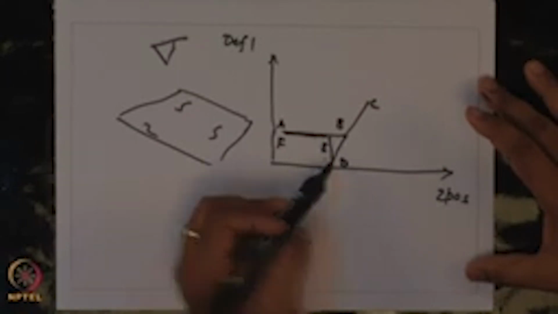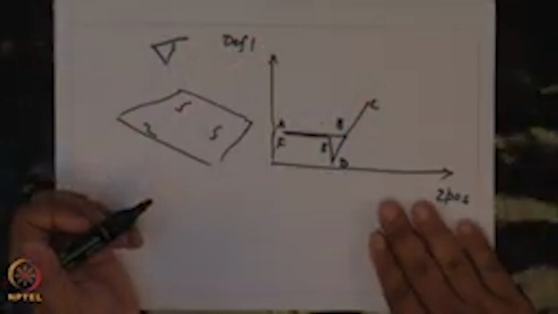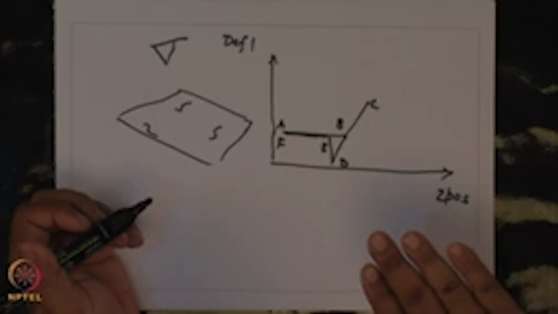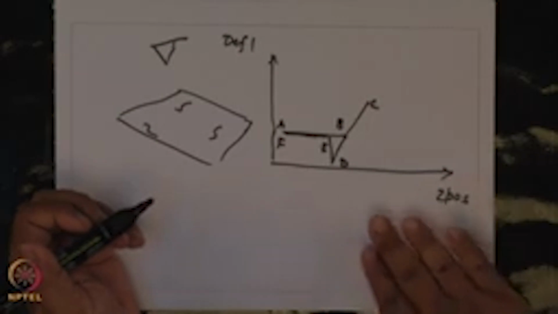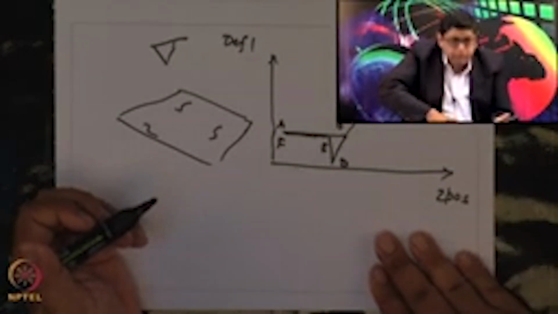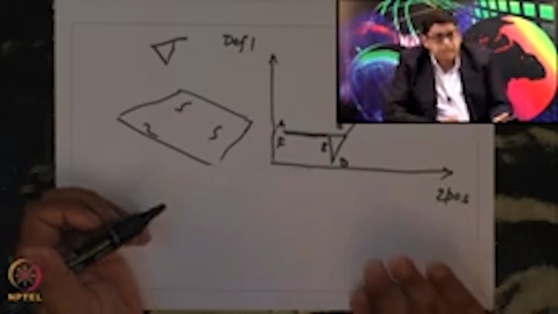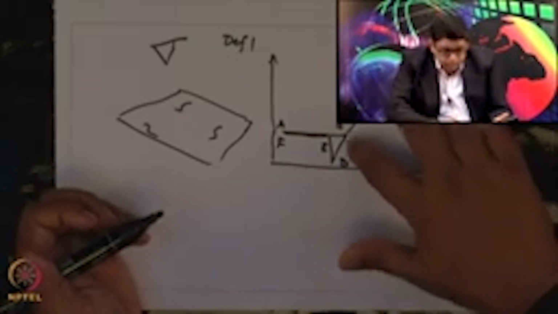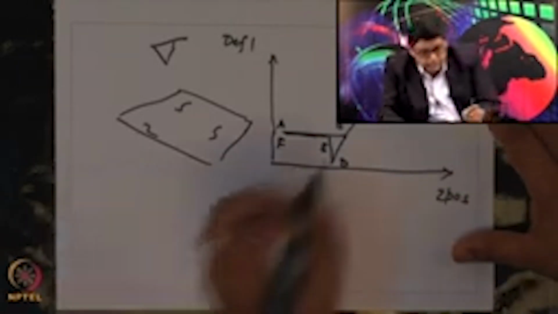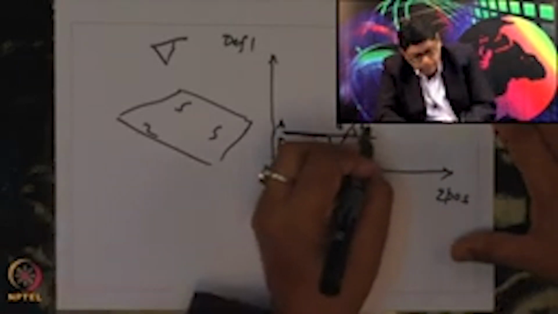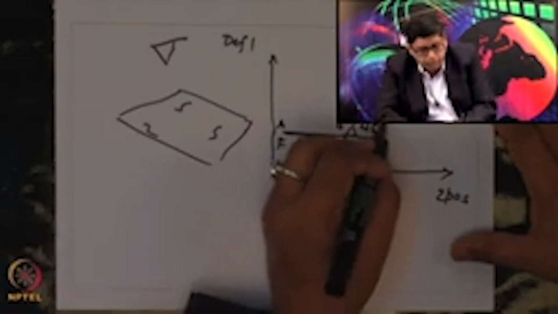So, what happens when the tip is travelling through air? You are travelling to this point between A and B, then it touches the surface. Because the surface is stiffer than the tip, when you try to go any further, it is the tip itself which is getting bent. So, you have a straight line, and this line should ideally have a slope of 45 degrees.